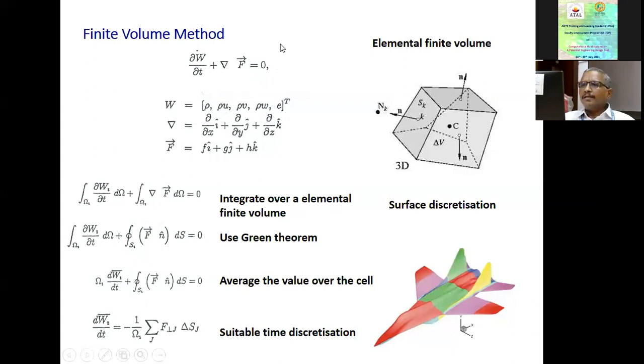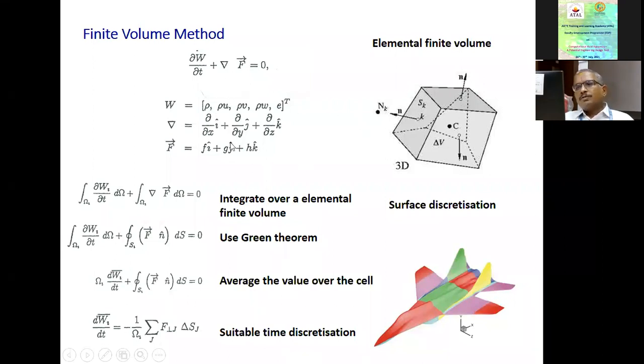So it is put in a very compact form. These conservation equations are solved with respect to each small finite volume, which is shown here.